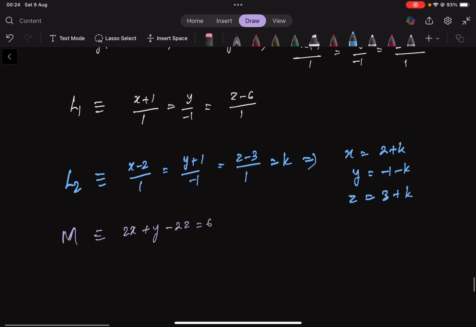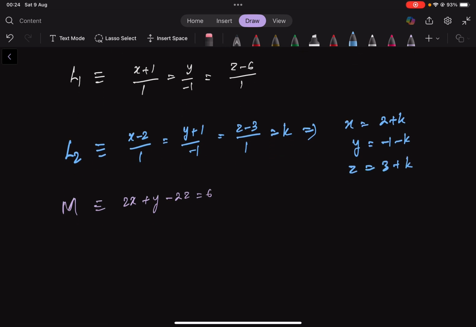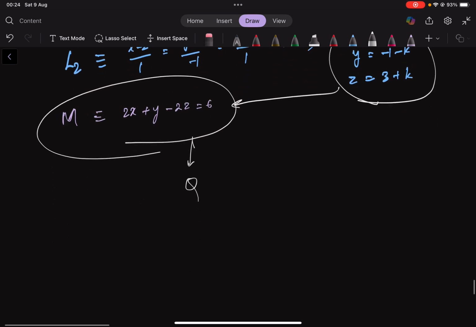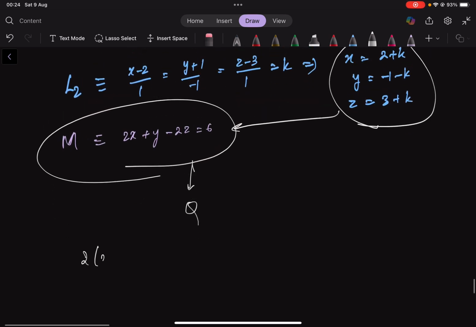Now this line L2 is meeting M at point Q. So if we solve this line L2 with M, we'll get point Q. That means 2 times (2 plus k) plus (minus 1 minus k) minus 2 times (3 plus k) is equal to 6.